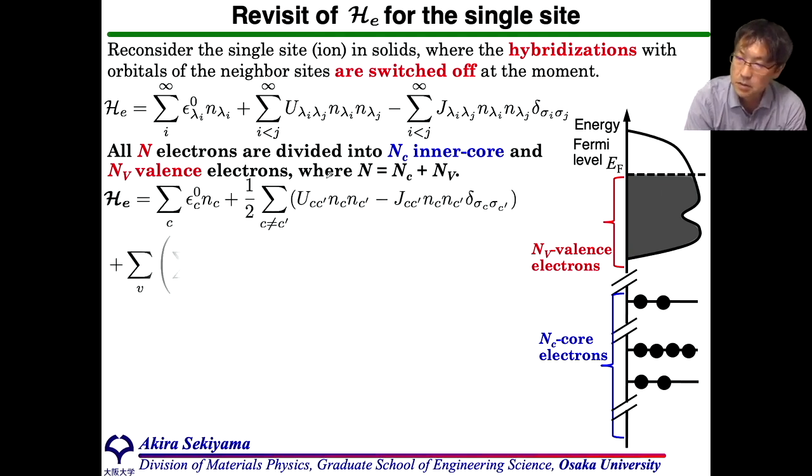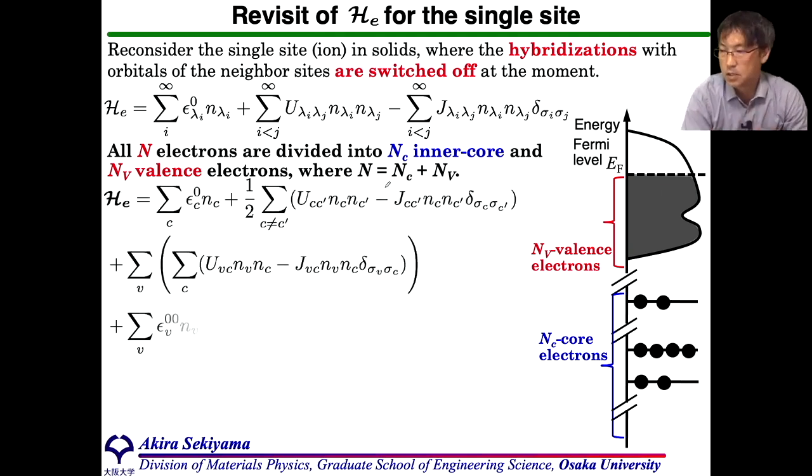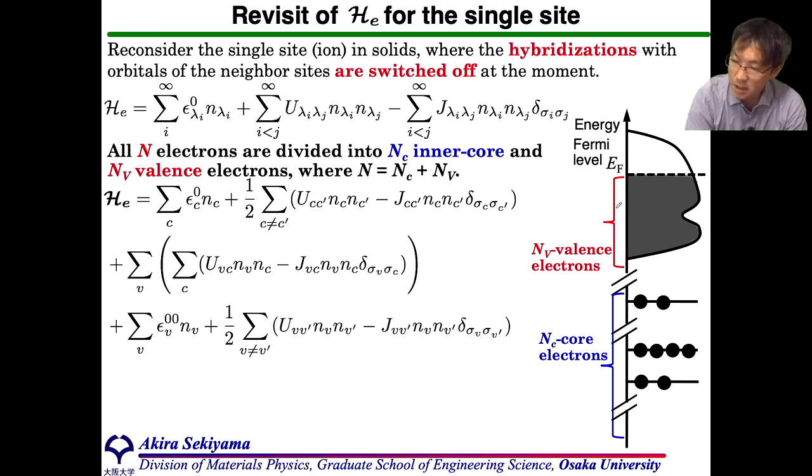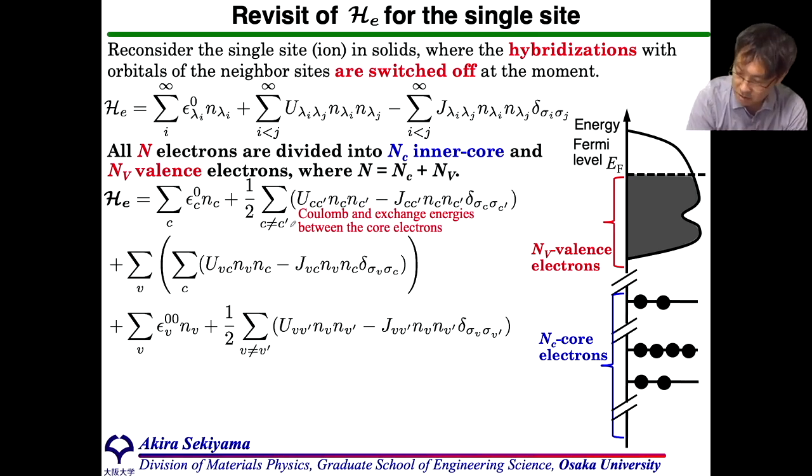Anyway, when we divide it into the core level and valence band, we can rewrite the single site Hamiltonian as this formulation. The first term stands for the one-electron level for the core level, and the second term stands for the Coulomb and exchange energy between the core electrons. For instance, this one and this one.